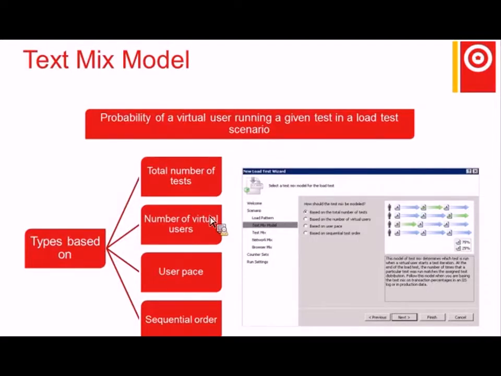Based on user pace, we base it on how quickly the users are getting through it. And sequential, we just bang through and do them in sequential order, which can be useful. I find that one very useful if I'm testing web services.